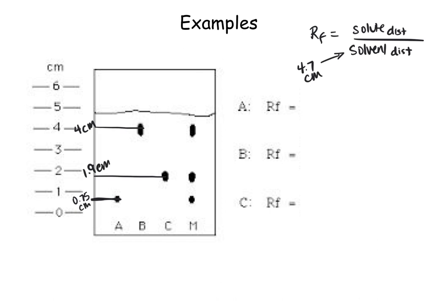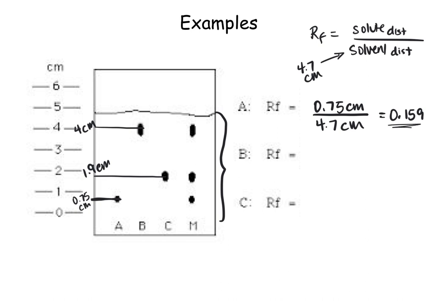So I'm just basing this off the ruler that I have off to the left. So for substance A, it traveled 0.75 centimeters, and the solvent, which is this liquid here, traveled 4.7 centimeters. So if I divide those 2 values, I get 0.159, and that's my RF value for substance A.